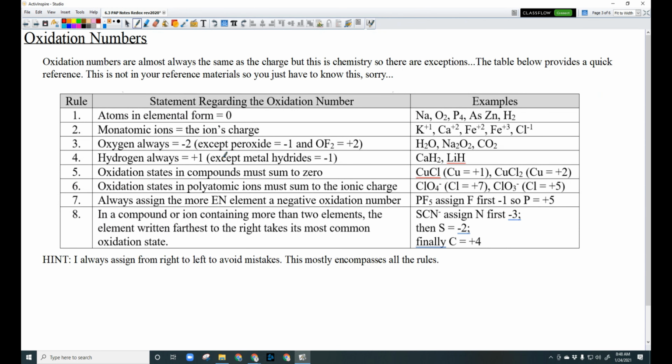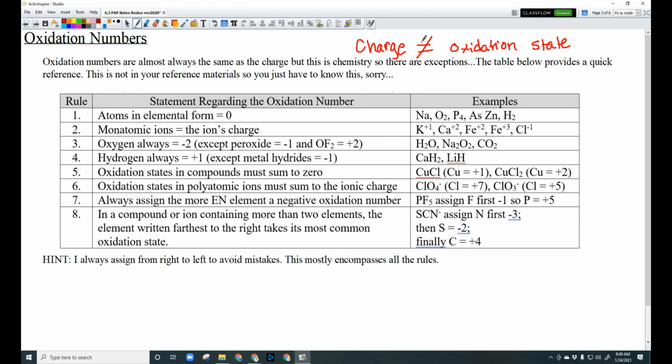Now, remember, it's almost always the same as the charge. So remember, the charge is not the same thing as an oxidation state. They're two separate things, but it's almost always the same as the charge.